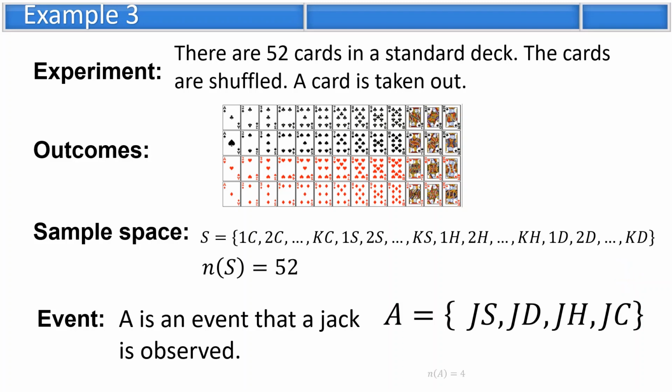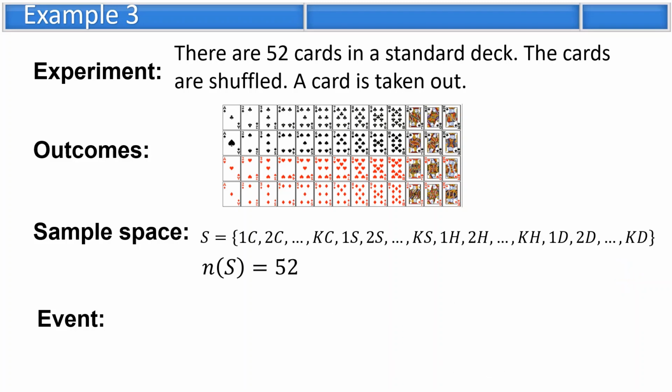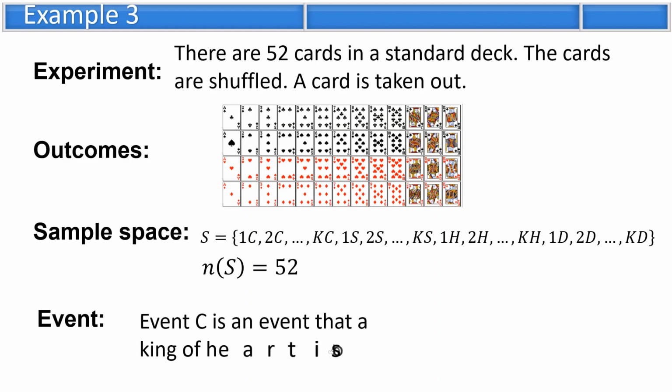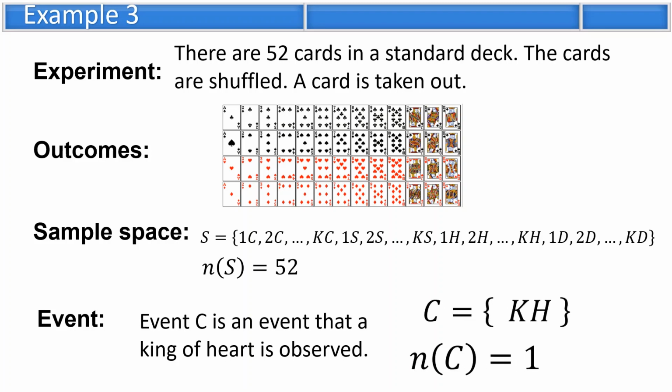N of A is 4. Another example. Event B is a heart is observed. Then B consists of ace of heart all the way up to king of heart. N of B is 13. Event C is an event that a king of heart is observed. Set C consists of king of heart. N of C is equal to 1.